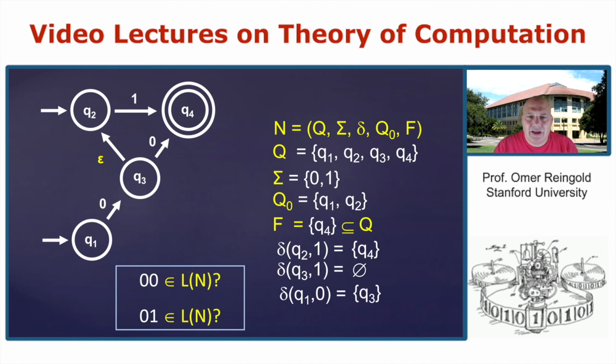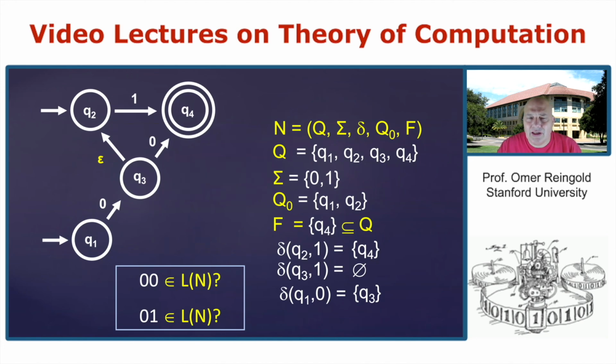So now we can ask, is 0,0 in L of N? Think about it. Well, 0,0 is easily in L of N because you can start in Q1, walk on 0 to Q3, and walk on 0 to Q4. How about 0,1?